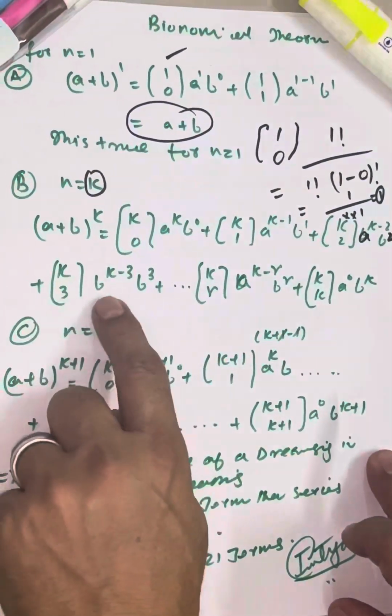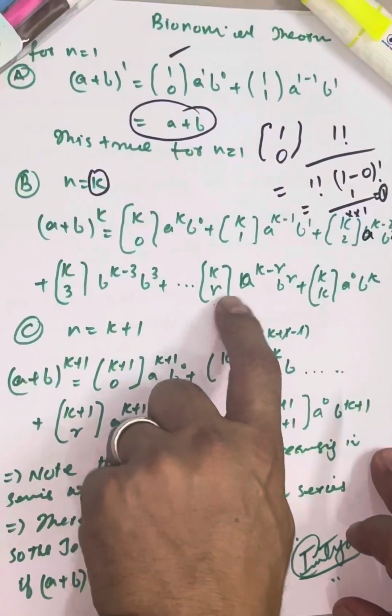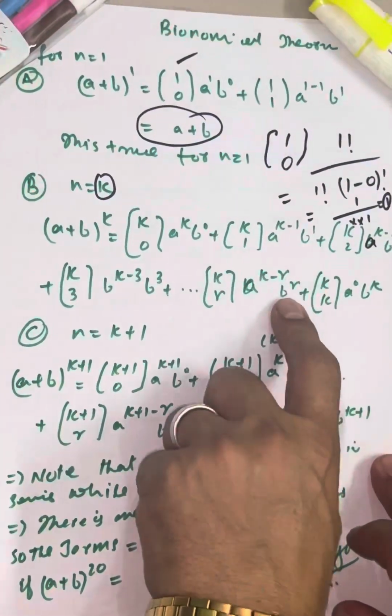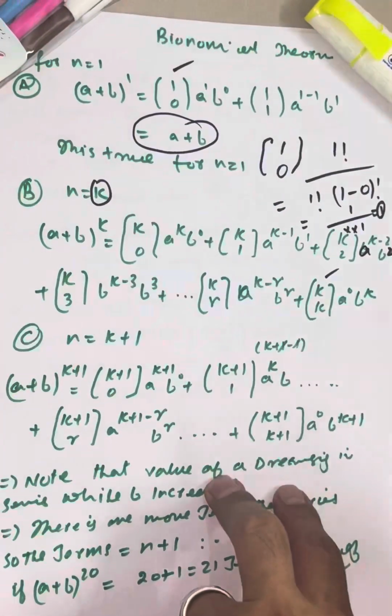And for kC3 we get this one. This is kCr, the general term a^(k-r) b^r, and this is the last term kCk.